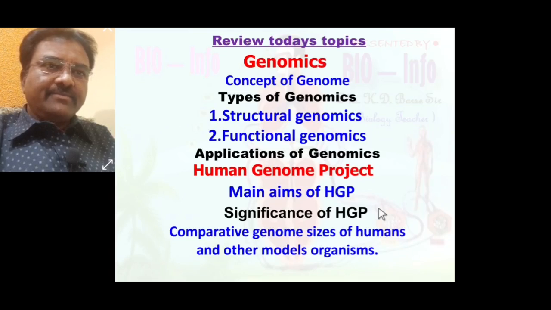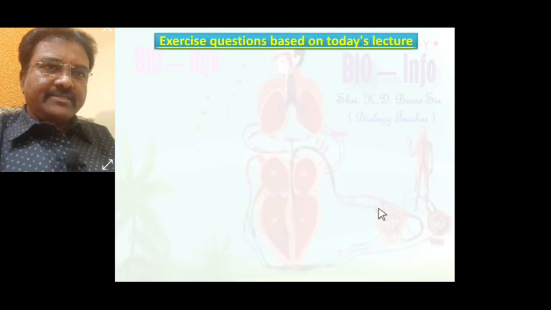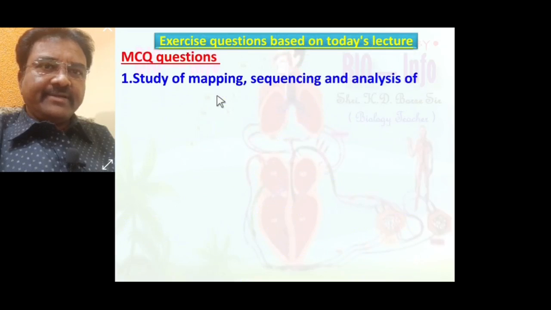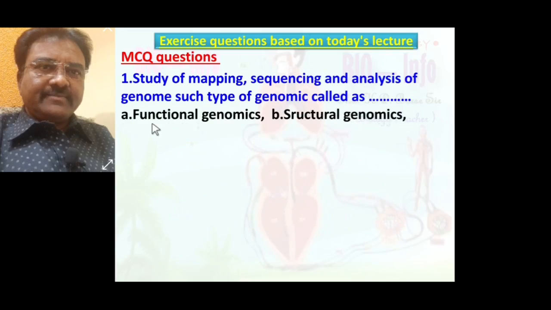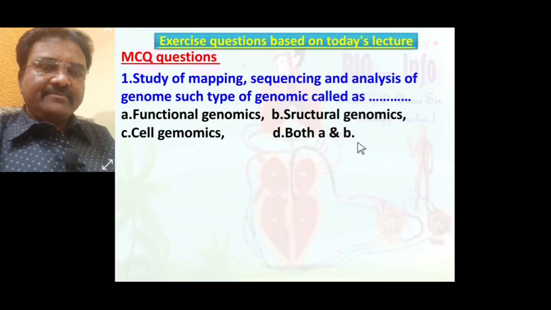On the basis of today's lecture, some exercise questions are noted here. MCQ number 1: the study of mapping, sequencing and analyzing of the genome is called which type of genomics: functional genomics, structural genomics, cell genomics, both A and B?